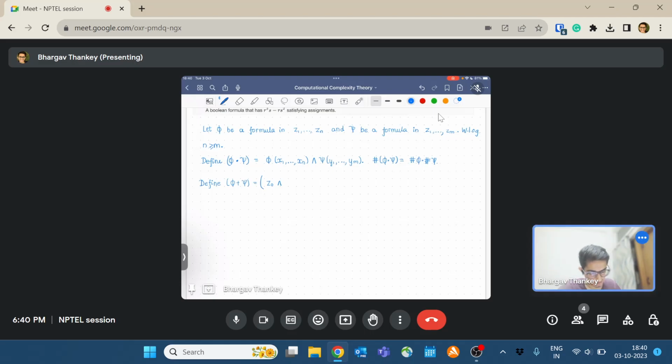Yes. Okay. So the formula is going to look like this: phi of z1 to zn, or z0 complement and z(m+1) to, sorry, z(n+1) to, sorry, z(m+1), because m is smaller than n.